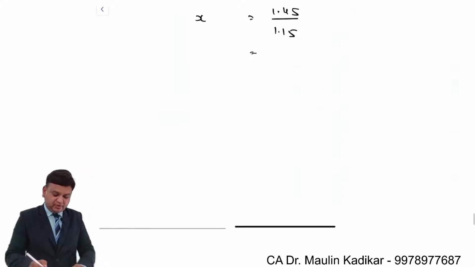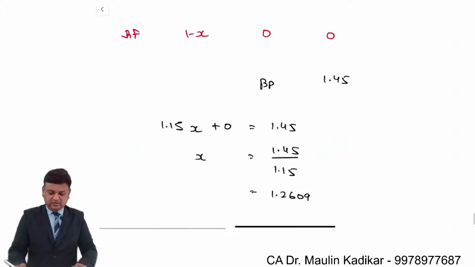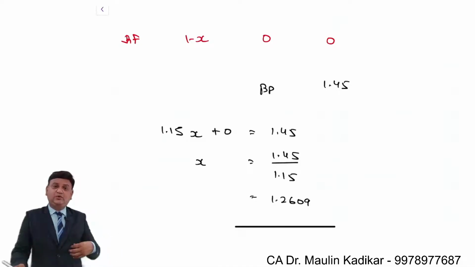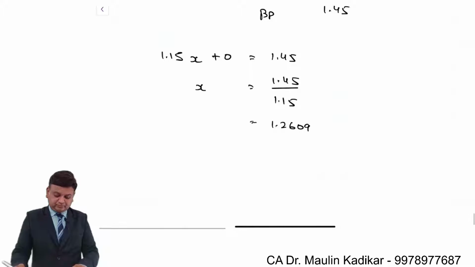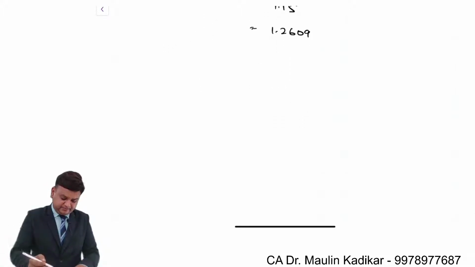That comes to 1.2609 once again. So now friends, we understand the weight of your existing portfolio should be 1.2609. That's the kind of answer which we are getting. So now we understand like this. Listen carefully.